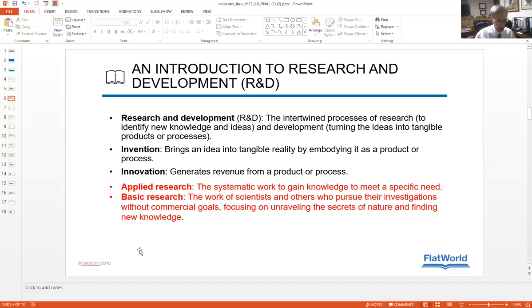So in industry, we're more engaged in applied research, although firms such as 3M, for instance, get pretty deep into basic research as well.